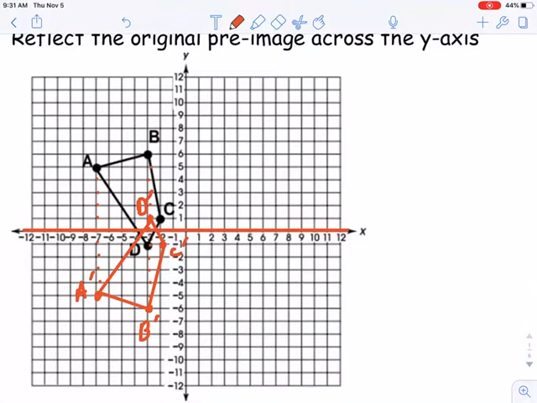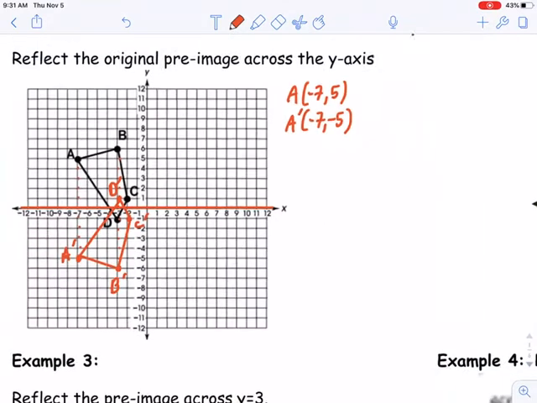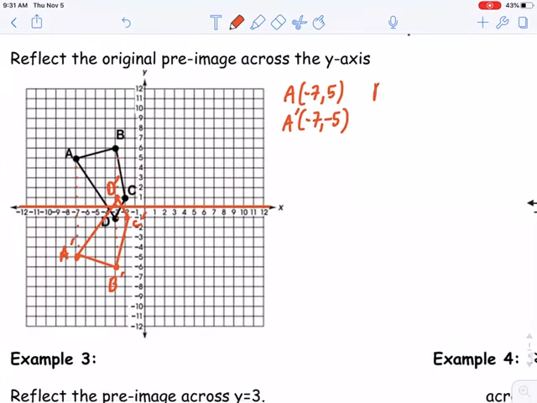And then let's focus on A. Notice how A was at negative 7, 5. And A prime was at negative 7, negative 5. And let's look at 2 points just to emphasize things. B was at negative 3, 6.